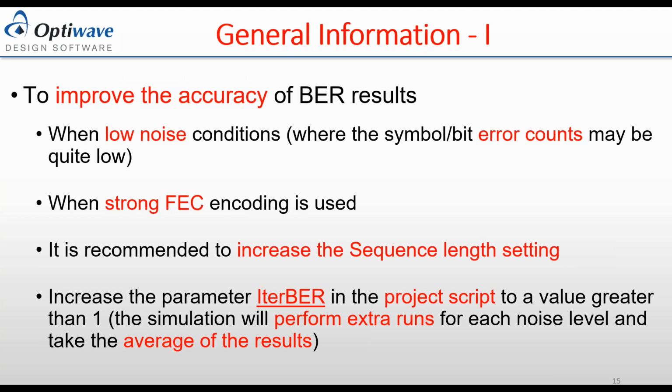Now, in this kind of calculation, if you need to improve the bit error rate results, you have to look into the case where you do the calculation. If you have, for example, low error counts, which means high signal levels compared to noise levels, or you might have strong FEC, like Reed-Solomon 16, then you might need to increase the sweep number, and also the sequence length.